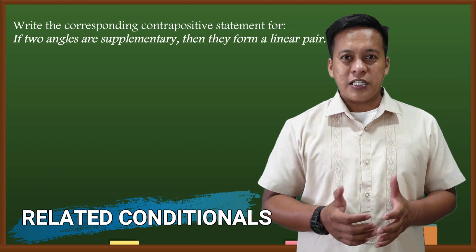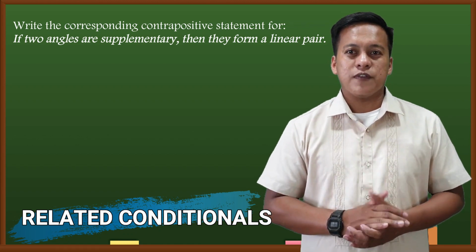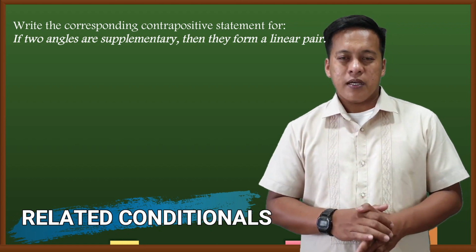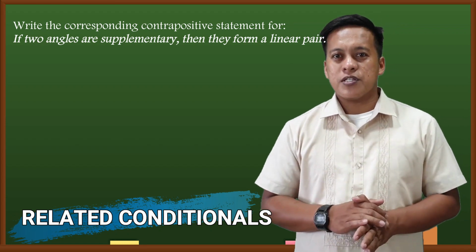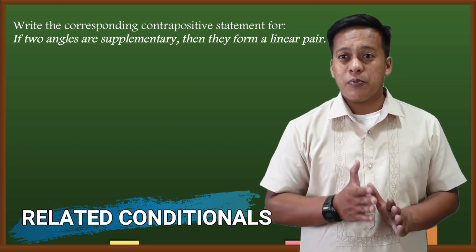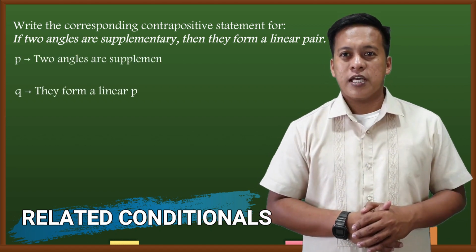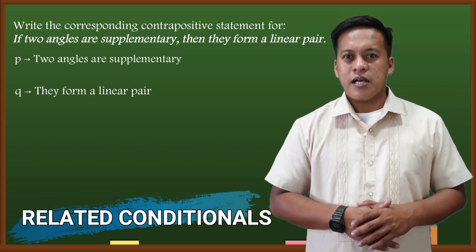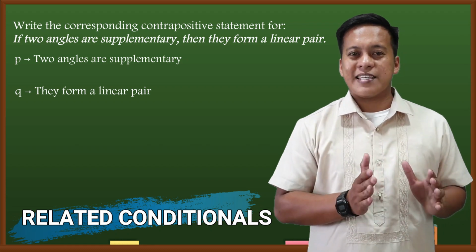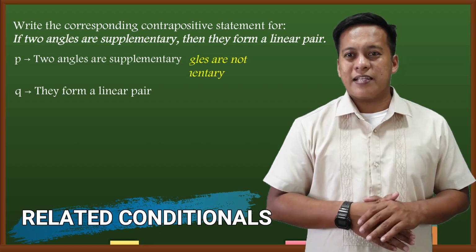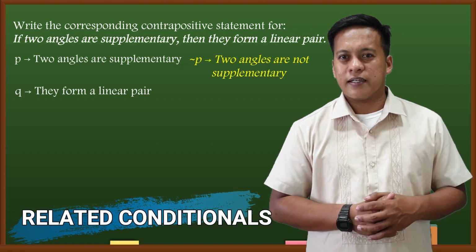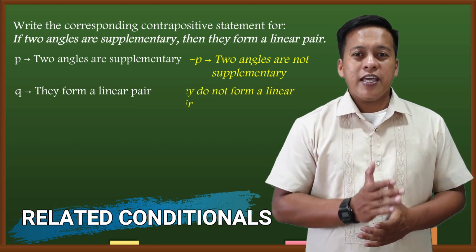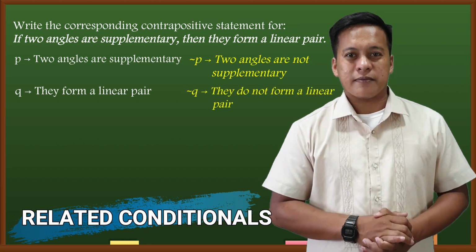As defined, contrapositive statements are of the form if not Q, then not P. Here, we need to get first the negations of both the hypothesis and the conclusion and interchange them to have the contrapositive. The negation of the hypothesis is two angles are not supplementary, and the negation of the conclusion is they do not form a linear pair.